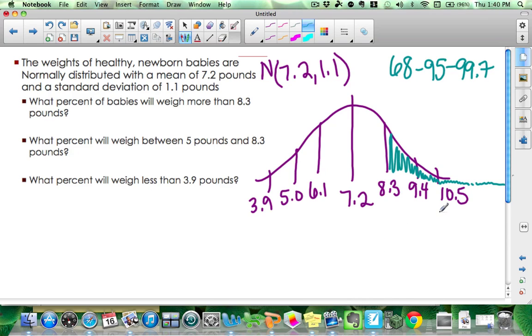Okay, so here's the thing, guys. Because it continues off forever, I can't really reasonably think of this as adding pieces together because there are infinitely many pieces here. I'm actually going to think of this as a subtraction problem. I'm going to think of this part of the curve, which, guys, is literally half of it. Half of it's over here and half of it's over here. So I'm going to call that 0.5, or 50%.